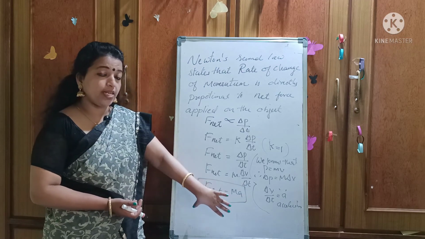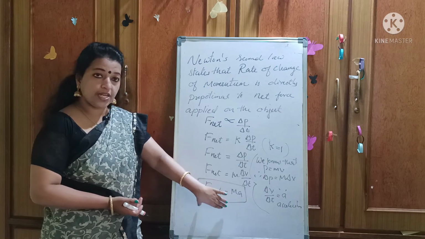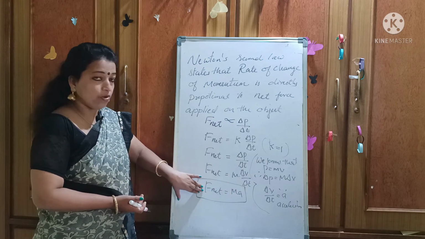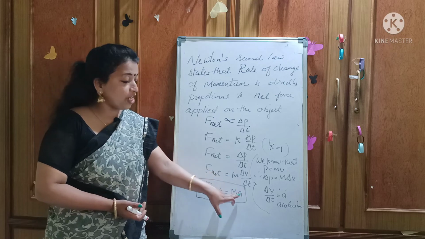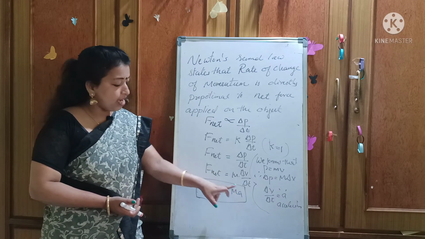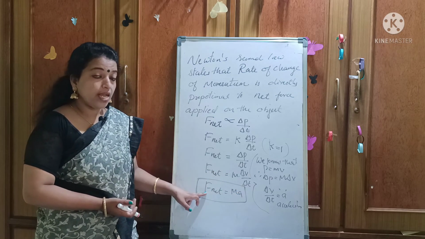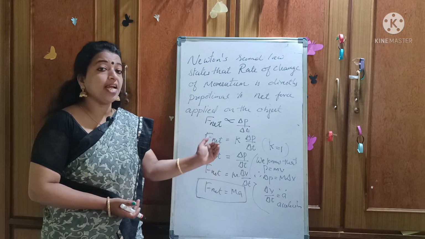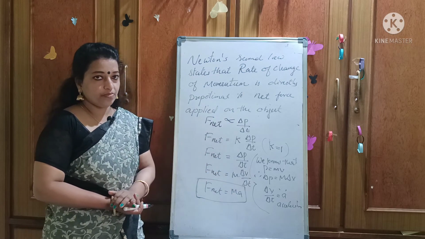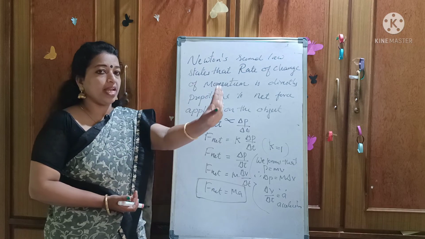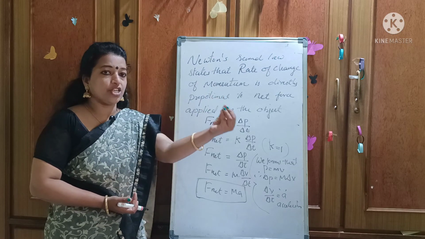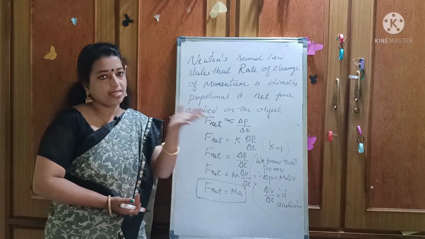What does this equation indicate? It explains that net force produces an acceleration in the body in the direction of the net force. In whichever direction we apply the force, in that direction the body gets the acceleration.